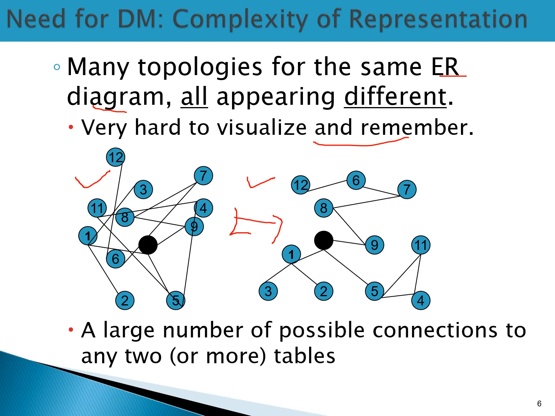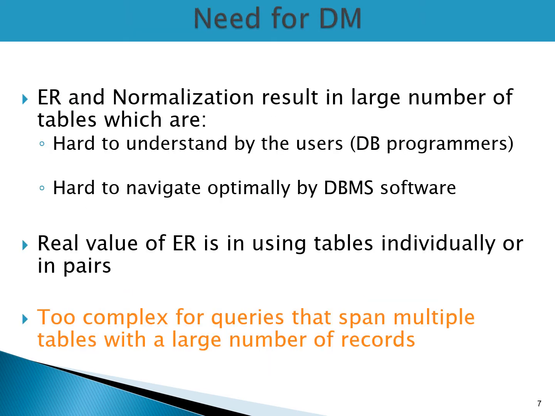That makes the ER diagram more complex. ER and normalization, as we discussed in the previous slide as well, result in a large number of tables which are hard to understand and hard to navigate.